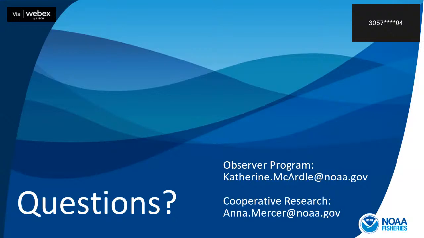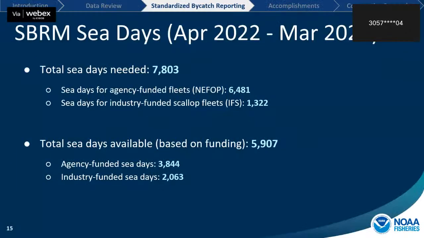Thank you very much for your presentation. Adam Nowalski. Thank you. If we could go back to slide 15 for a moment, that showed the ratio of the IFS versus agency-funded fleets. If I'm looking at this correctly, the days needed has a ratio of maybe 85% to 15%, and the days available shifts that ratio dramatically to more like 65-35.